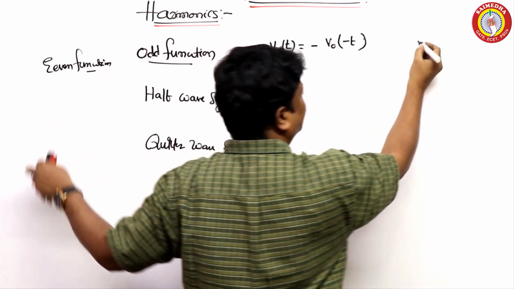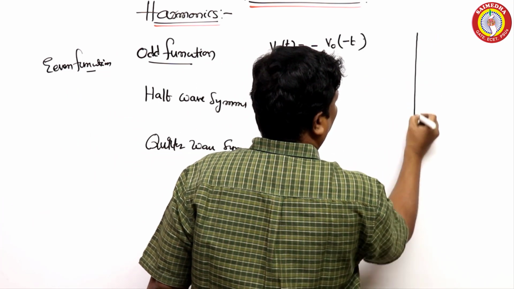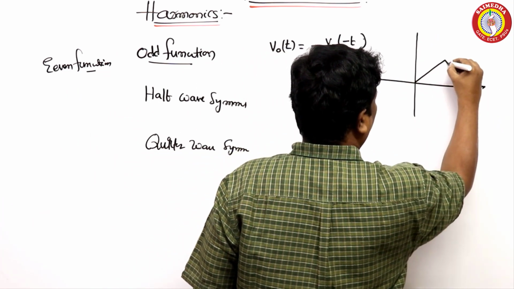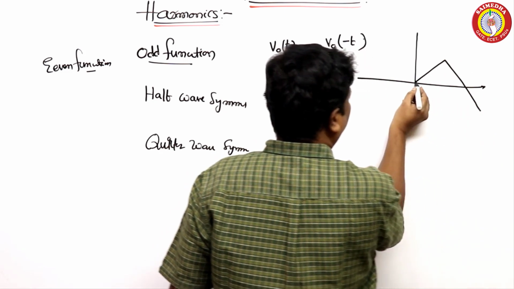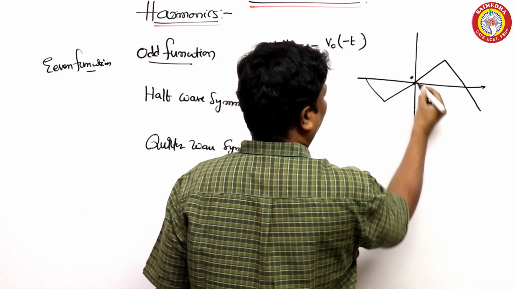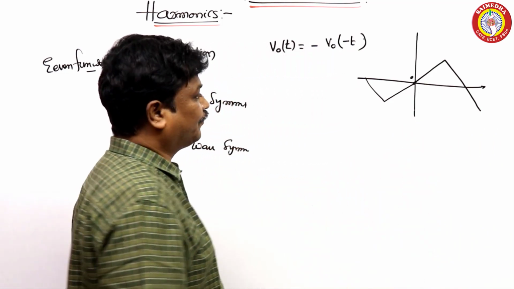For example, suppose there is a waveform like this, continuing like this, and this is 0.